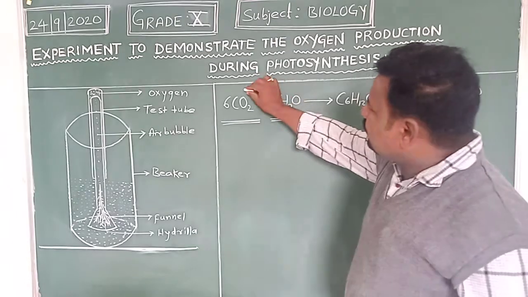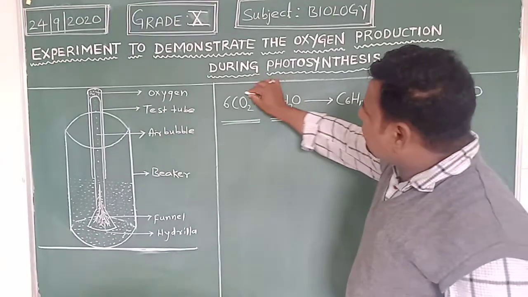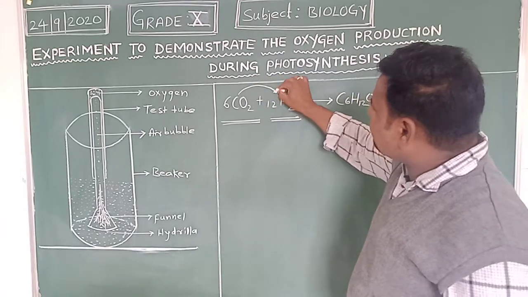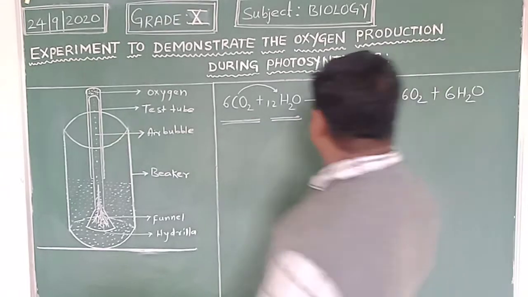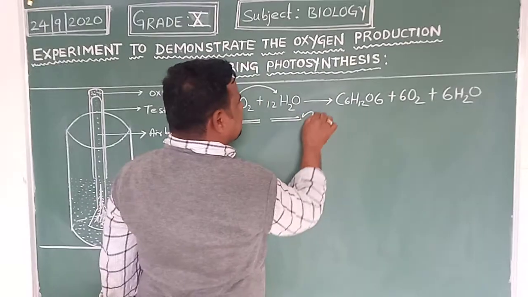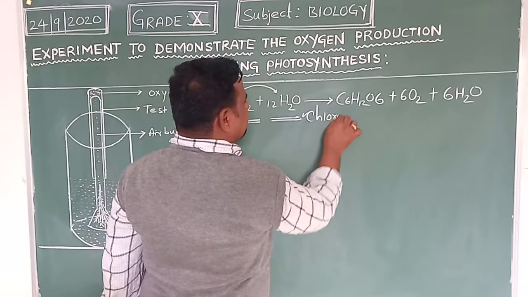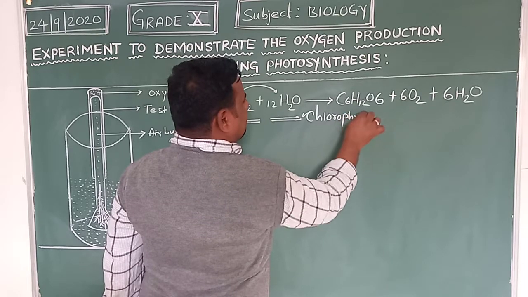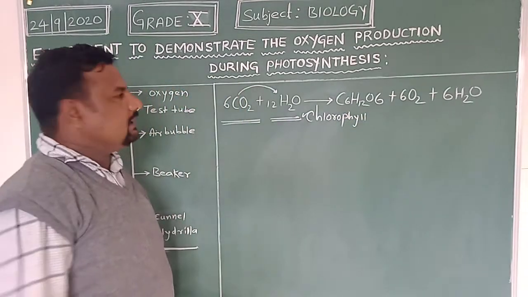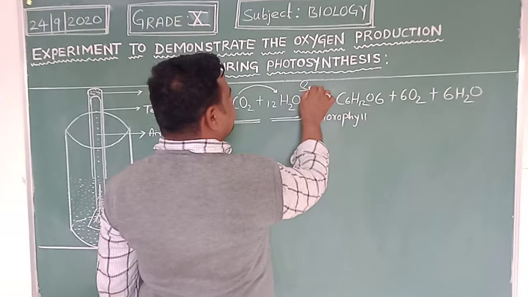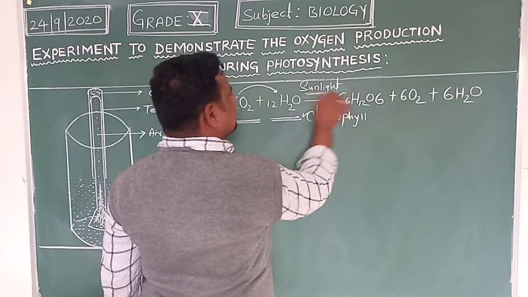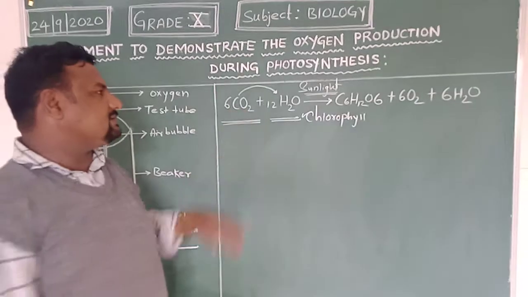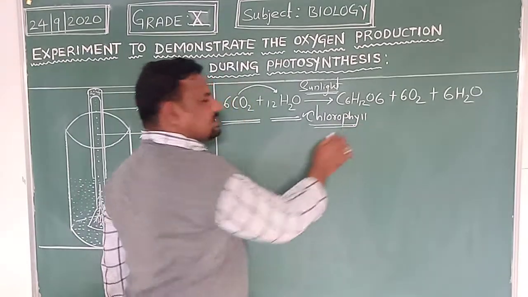So these 6 carbon dioxide molecules react with 12 molecules of water. They meet in the green pigment chlorophyll, in presence of sunlight. The entire process occurs in presence of sunlight.